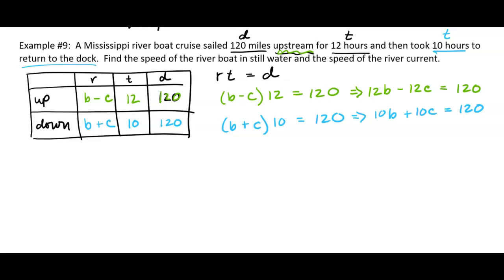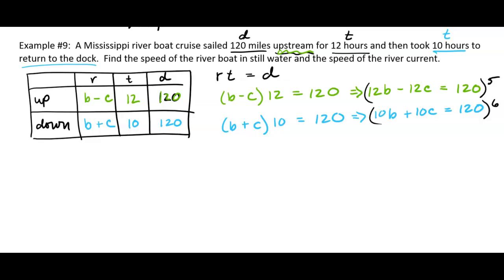So I have these two equations, and I would like to add them together to eliminate something. I'm going to have to find an LCM for 12 and 10, and I believe it's going to be 60. So if I multiply the top equation by 5 and the bottom equation by 6, that should work out for me.